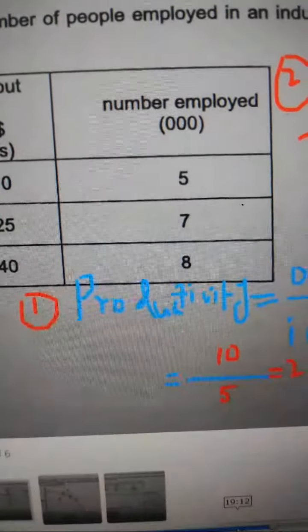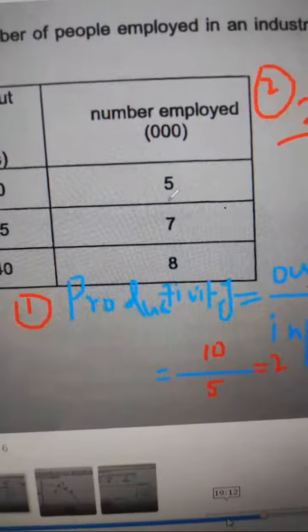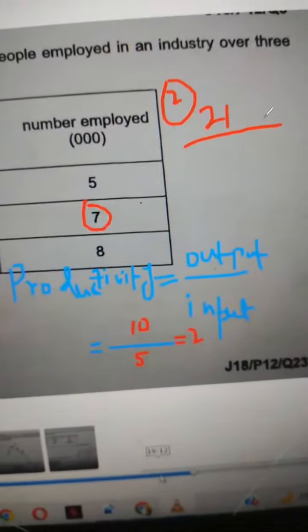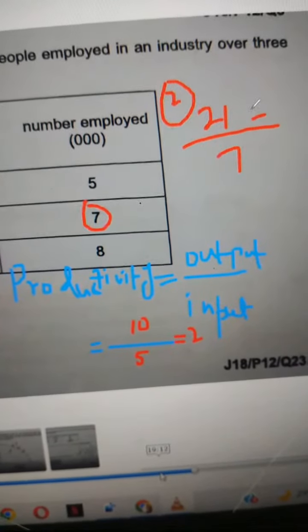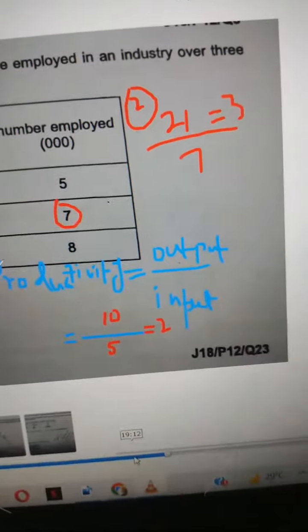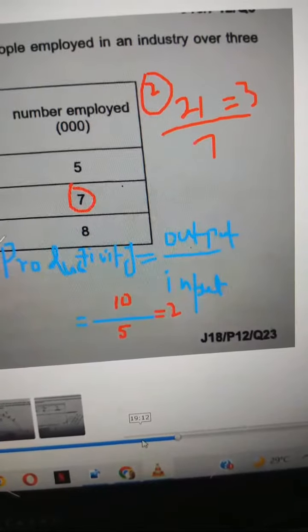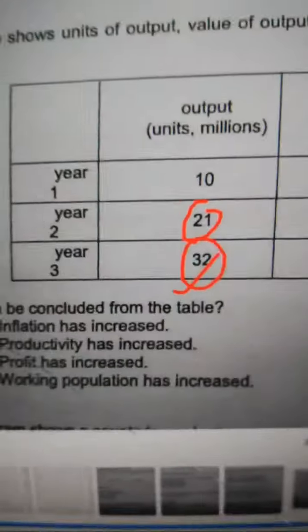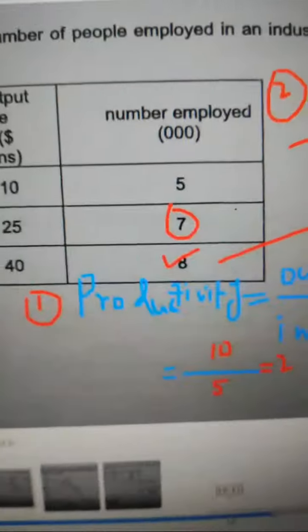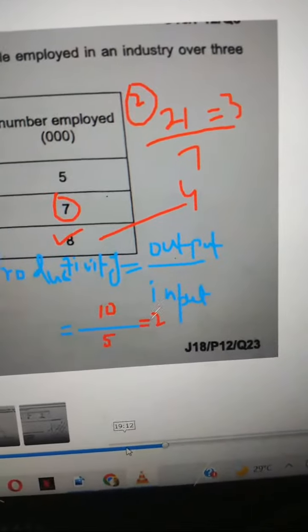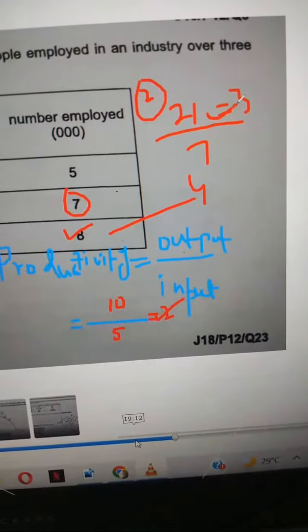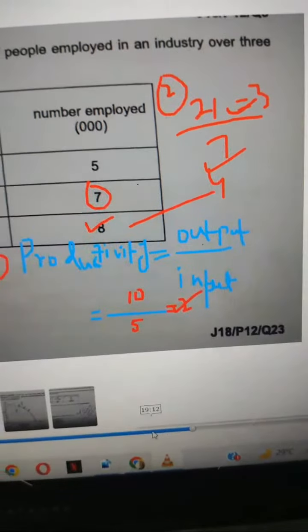This is the output. And what is the input? Number of workers, 7. So it is 3 actually in the second year. And in the third year, 32 is the output and 8 is the input. So what is the productivity for the third year? 4. So you can see that it is increasing. 2, 3 and 4. Productivity has increased.